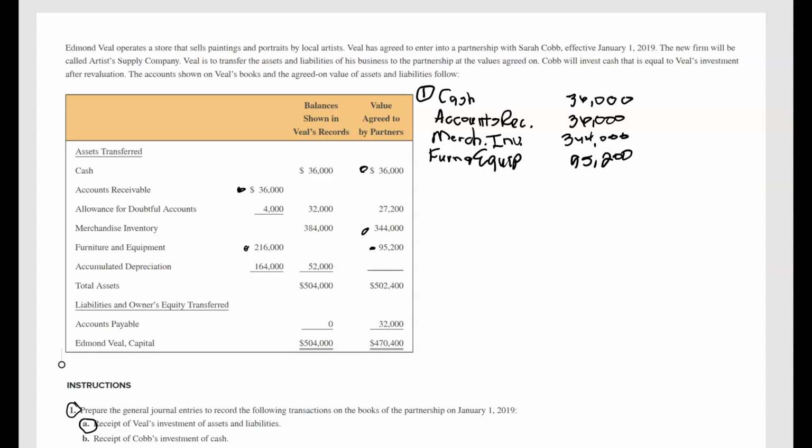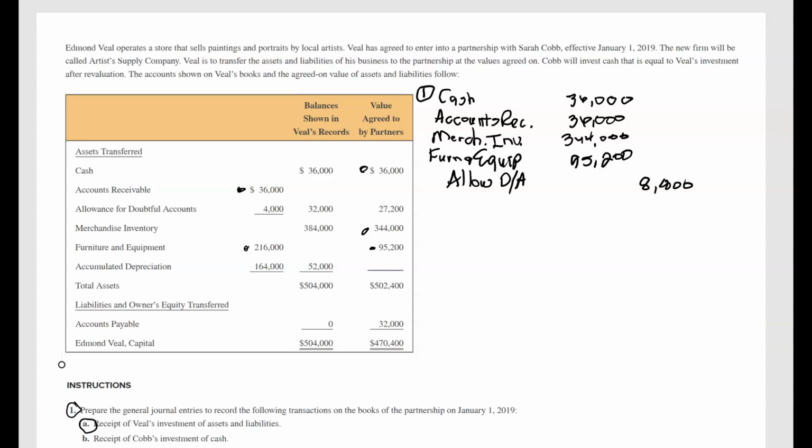Okay, and then allowance for doubtful accounts is actually $8,800 as a credit. Allowance for doubtful accounts. I'm going to abbreviate here.